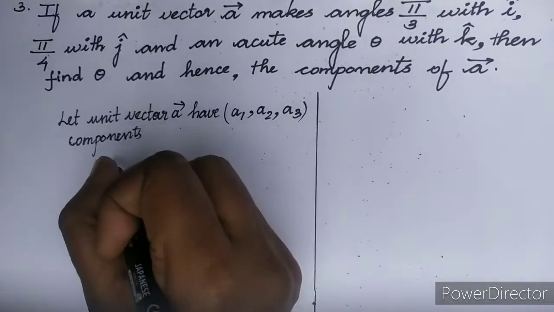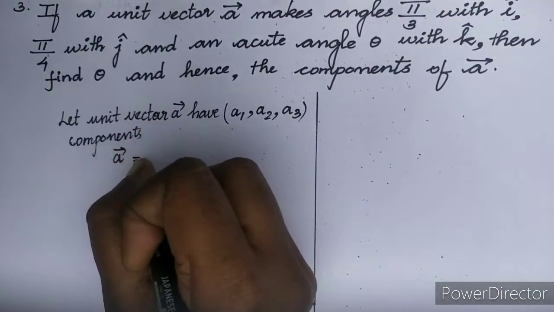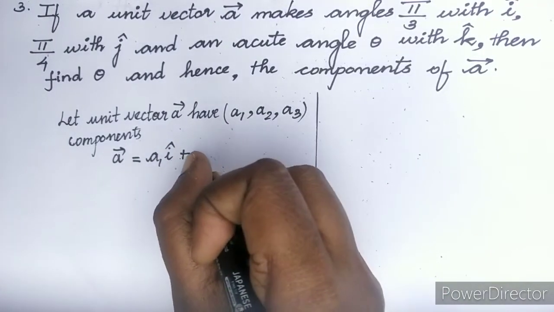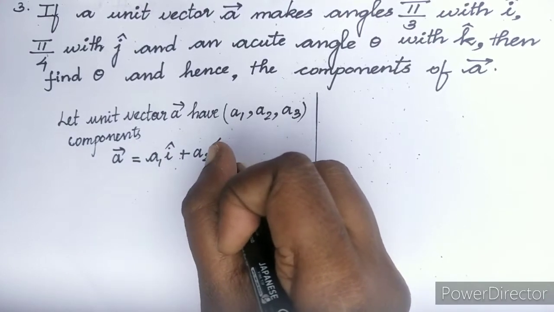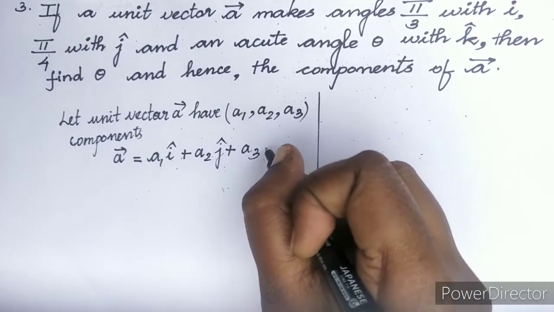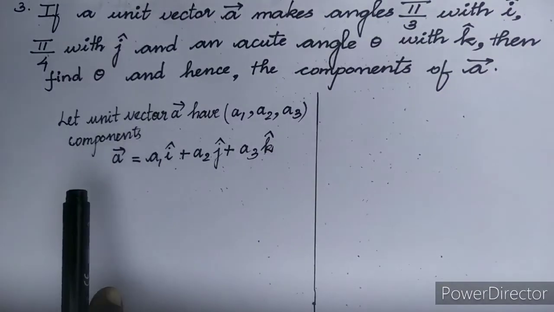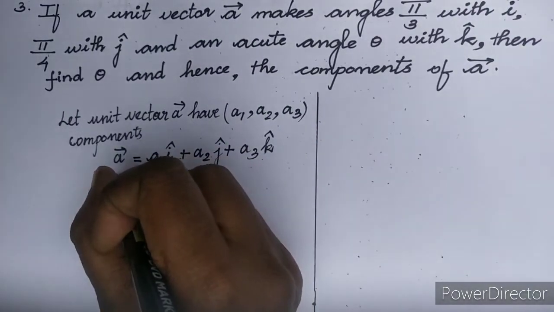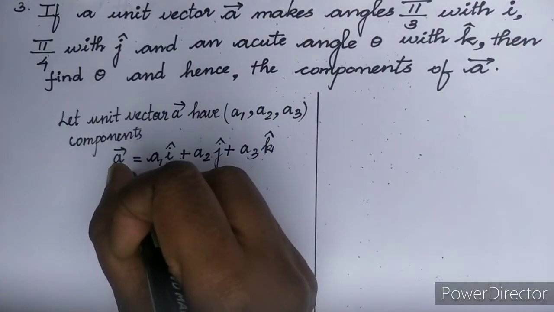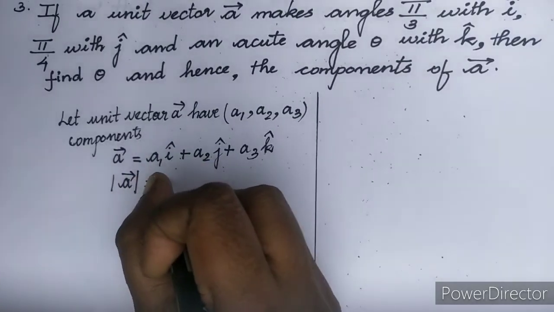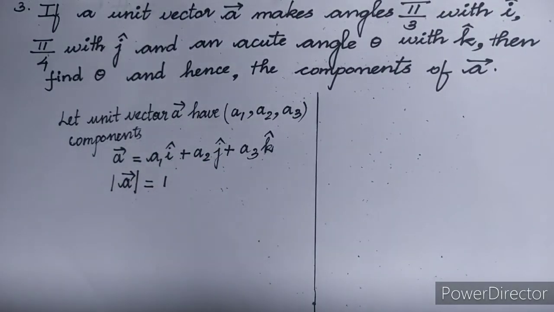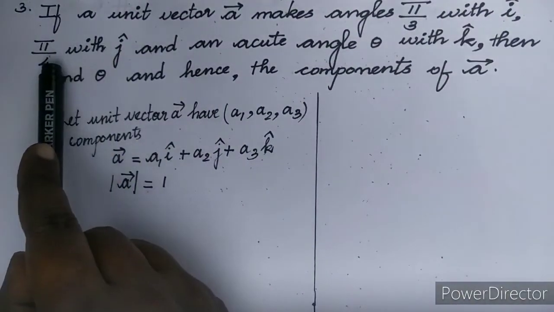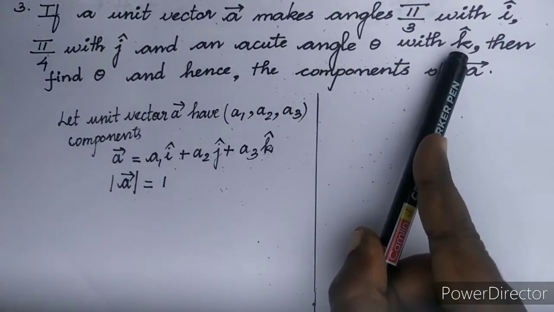Then a vector can be written as a vector is equal to a1 I cap plus a2 j cap plus a3 k cap. Since A vector is a unit vector, its magnitude will be equal to 1. Also, it is given that it makes an angle pi by 3 with I cap, pi by 4 with j cap, and an acute angle theta with k cap.